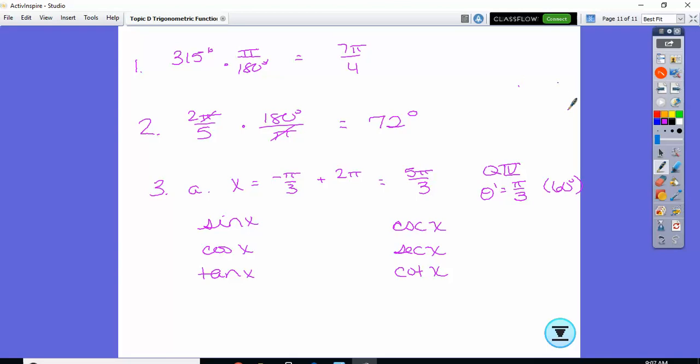Okay, in Quadrant 4, all students take calculus. What's positive? Cosine and secant. So the other 4 will be negative. I'm just going to go ahead and throw a negative there so I know, and I don't forget it.